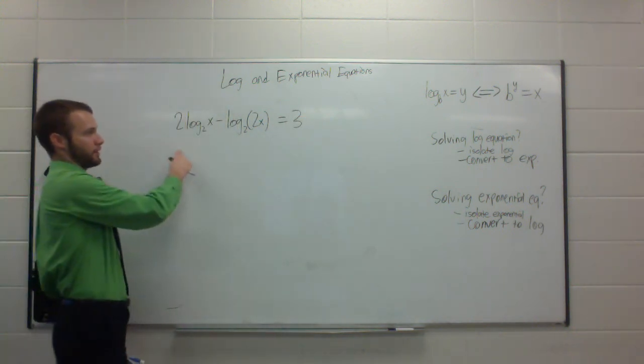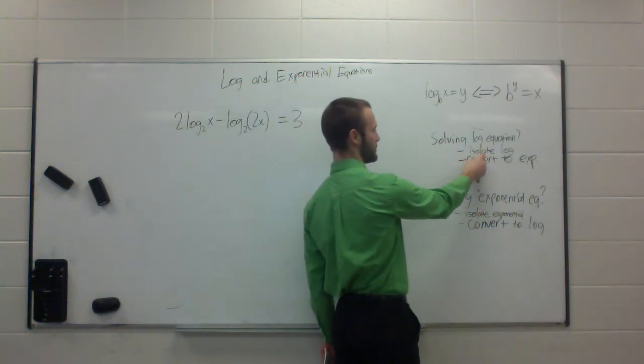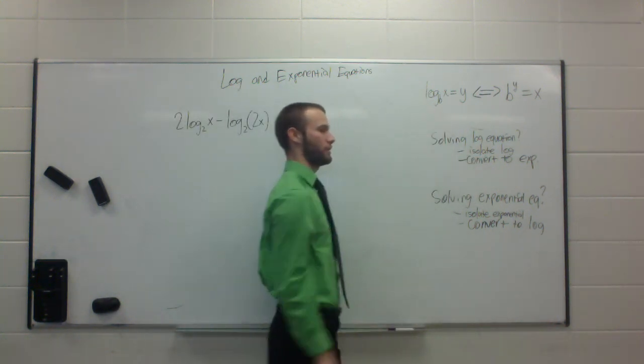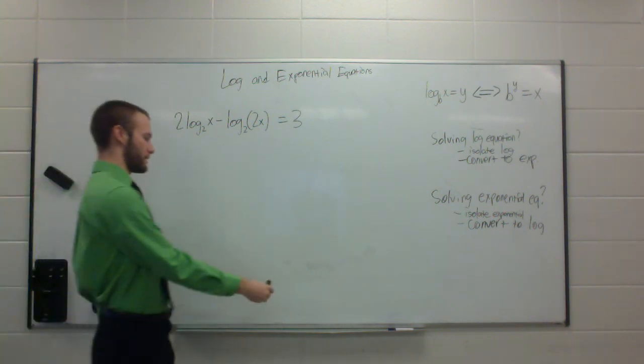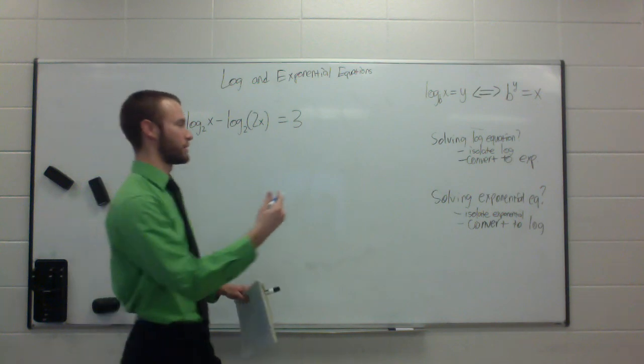Now, it's a log equation, so my goal is to isolate the log, but I need to only have one log. Here I have 2 of them. So I'm going to use log properties to simplify the expression until there's one log.